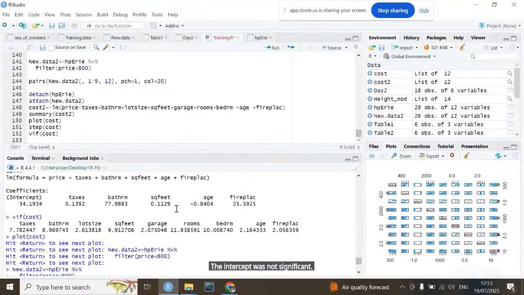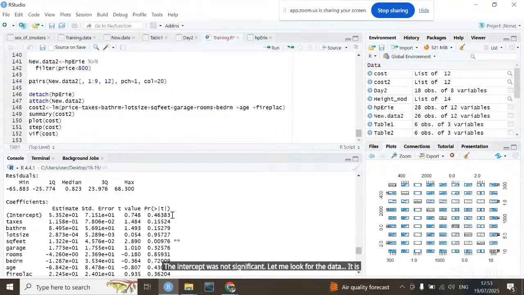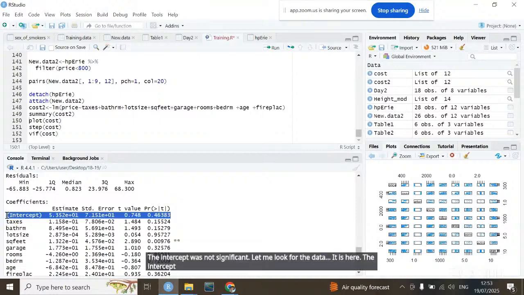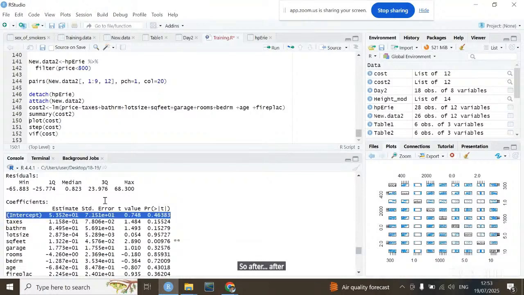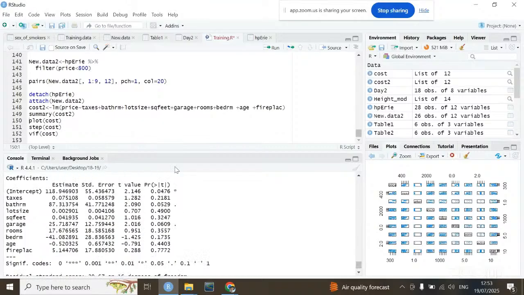Let me look for the data. It is here. The intercept was not significant. So after removing the outliers, this one has become significant. Then this one also changed.